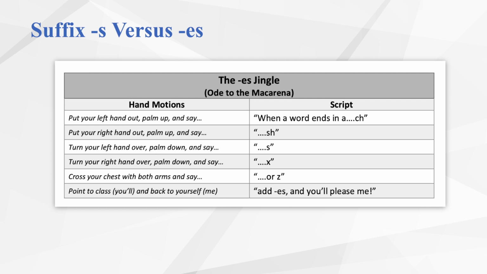When the word ends in, and then you're naming the patterns that are there. If it ends in one of these patterns, they would add es. If you don't say that pattern in this list, then by default, they would add suffix s. Now we're going to watch a brief video on how this little jingle with hand motions works.